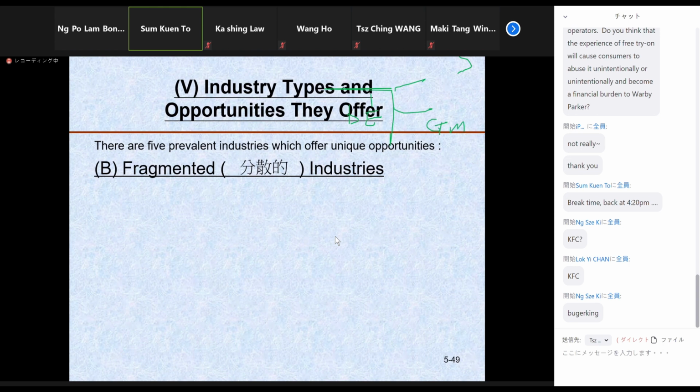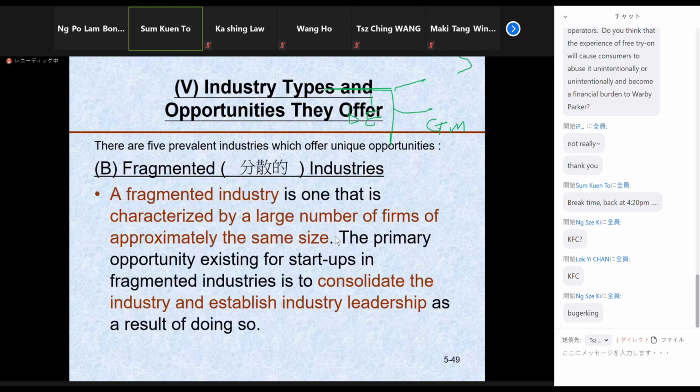So somehow when you analyze the industry, you found that the industry is very fragmented. Fragmented means dispersed, spread around. There is no major operator. Everybody is a small operator, as usual, like a startup yourself.